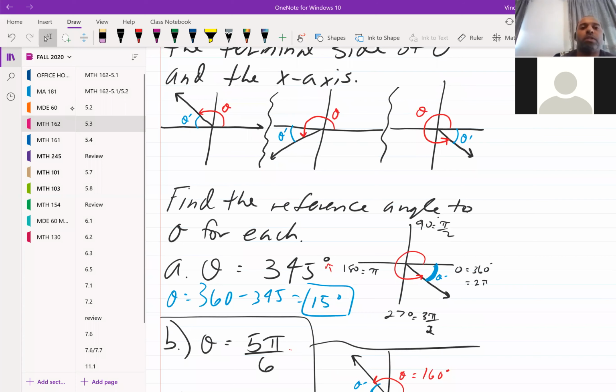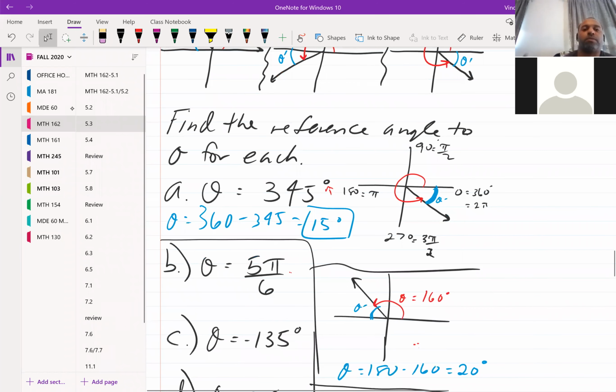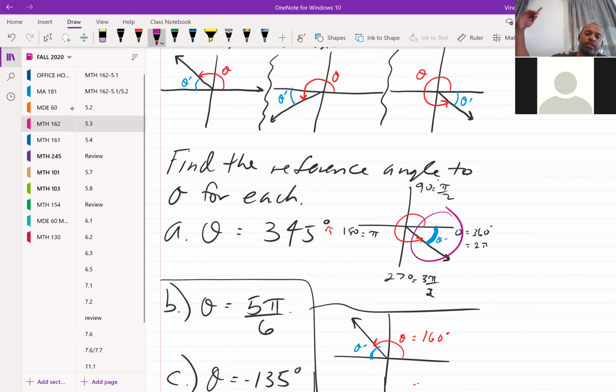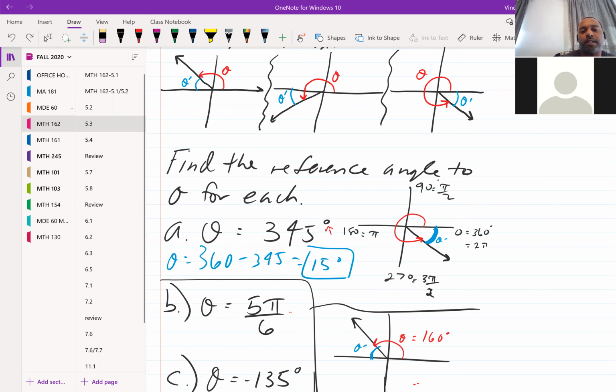All right, so let's look at these problems right here. If I have 345 degrees and I want to know the reference angle for it, I'm using my 360 degree angle to establish what this missing piece is. So you subtract that 345 from 360, and that's how I got 15 degrees.